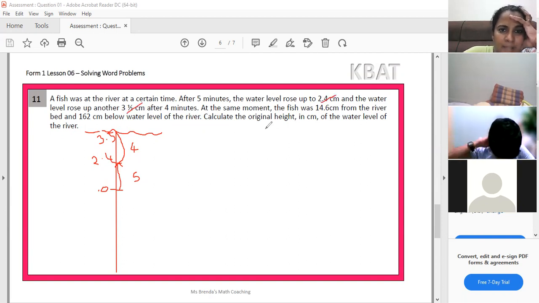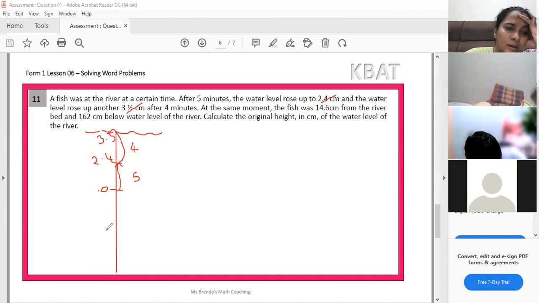At the same moment, the fish was 14.6 centimeters from the river bed. I think we have to redraw this again.